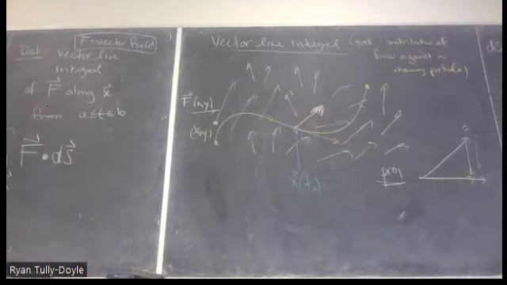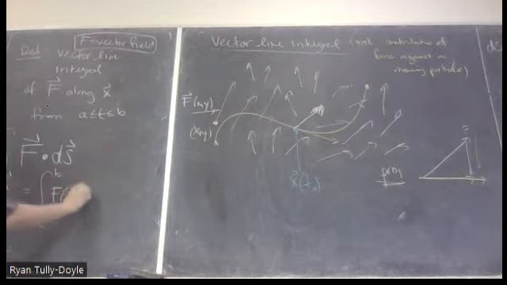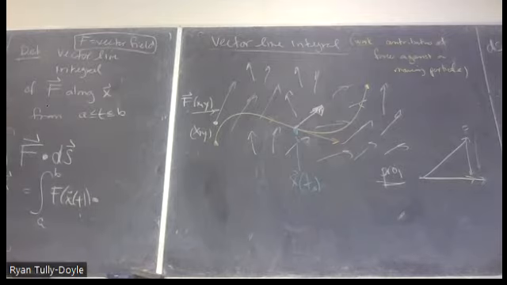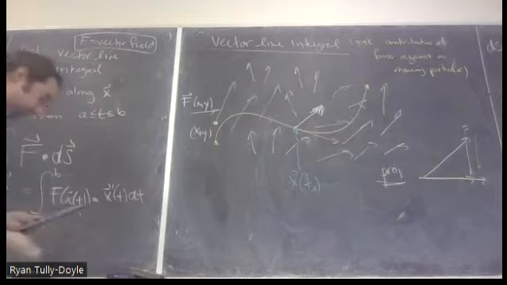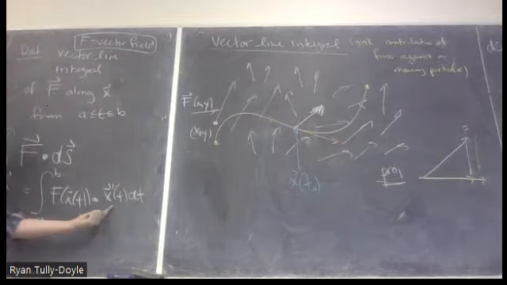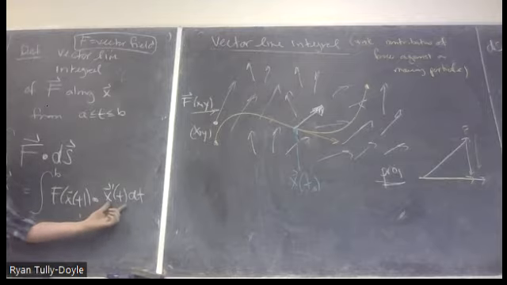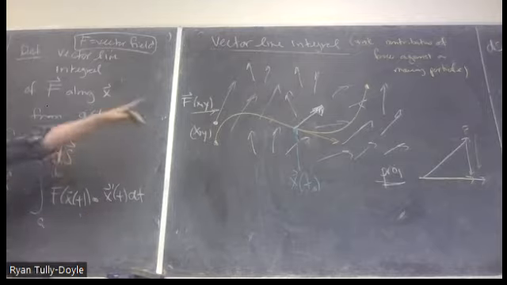Any guesses, by the way, what this is going to turn out to be? The integral from A to B of f of x of t dotted with not the length of x prime anymore, but actual x prime. Because that actually keeps track of what the function is actually doing. This is the actual velocity of the function at this point, the velocity of the path there.